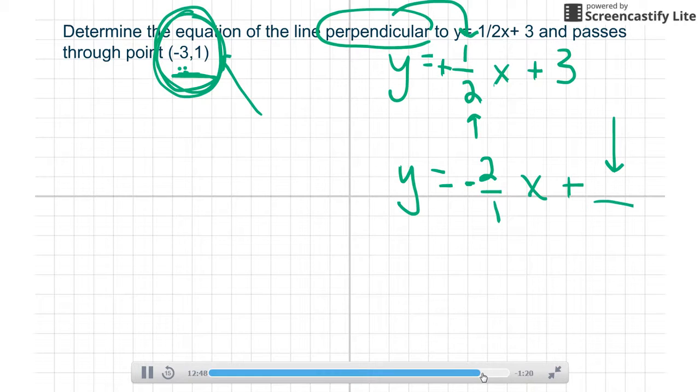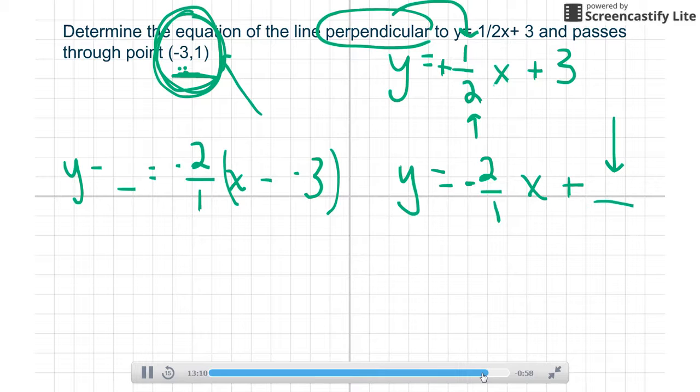So because we just got done using point slope, that's probably the easiest. y minus y1 equals our new slope, which really is going to be a -2 right here, times x minus x1. So we're going to use the point that they told us.